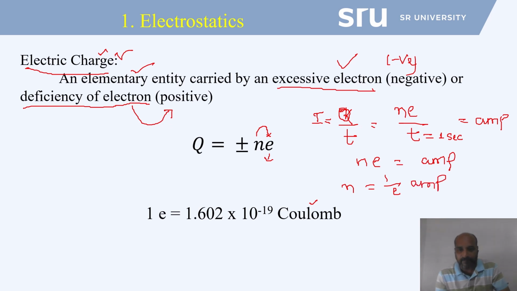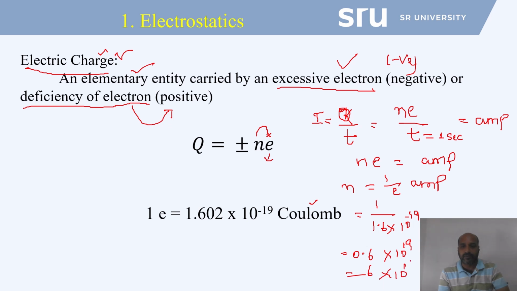So this n is 1 by 1.6 into 10 to the power of minus 19, and if you calculate this, around 0.6 into 10 to the power of 19, I mean 6 into 10 to the power of 18. So approximately 6 into 10 to the power of 18 electrons should flow in 1 second, then that will be considered as 1 ampere.